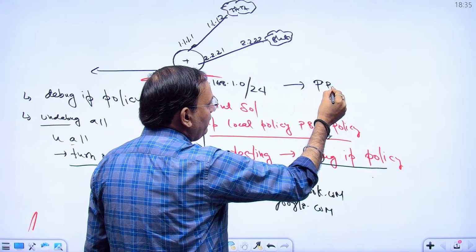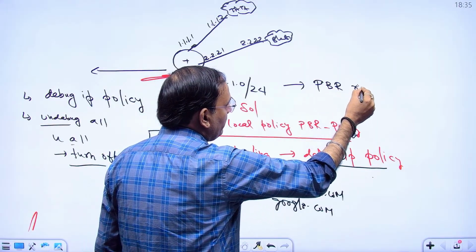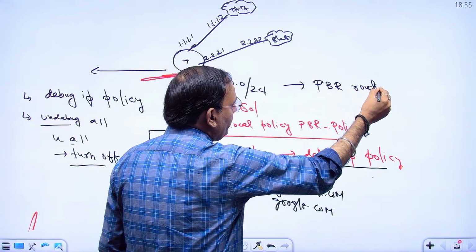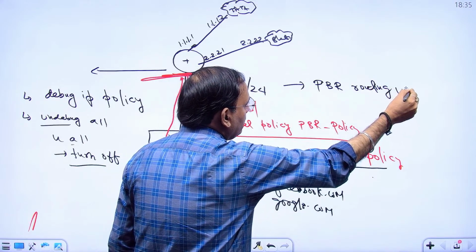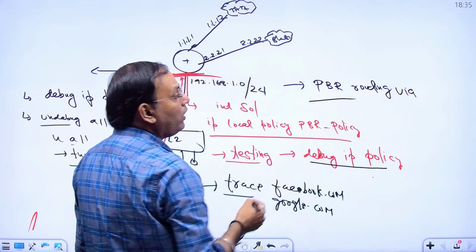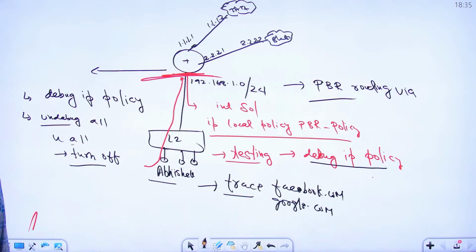it will mention routing via PBR. It means the traffic is not going via the static route. I will explain here.